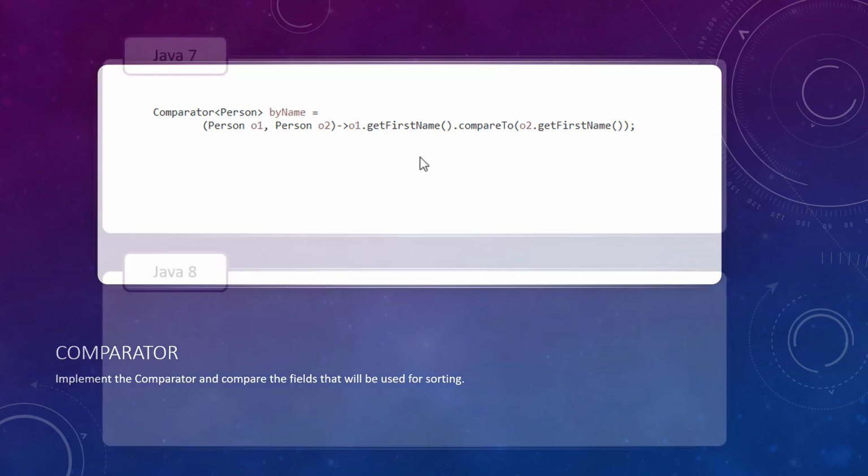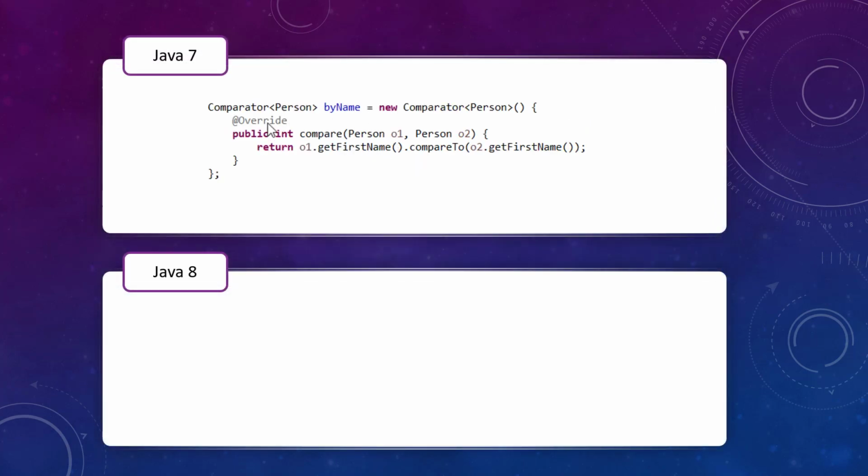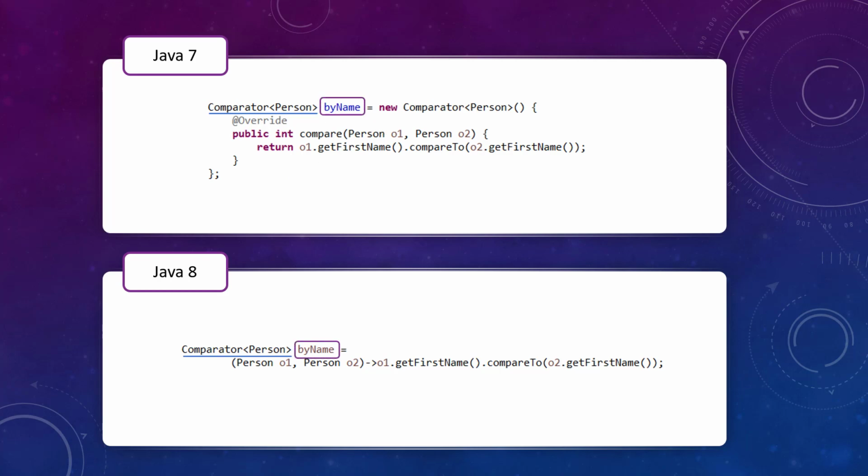Let's look at this side by side. We have the method for Java 7 and then Java 8. We have the same structure actually. We type in Comparator, then the type Person, and then byName. Just to note, byName is just a variable name which you can pass to the Collections.sort method later on.